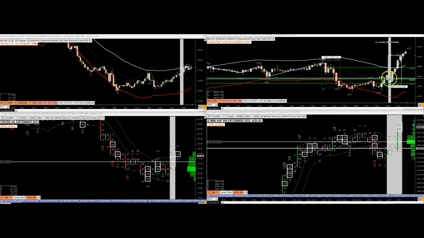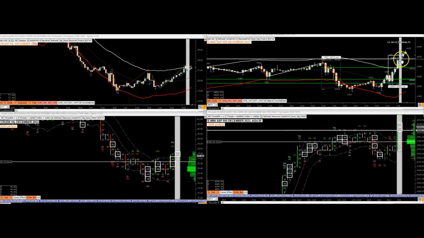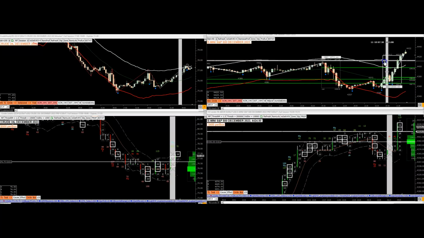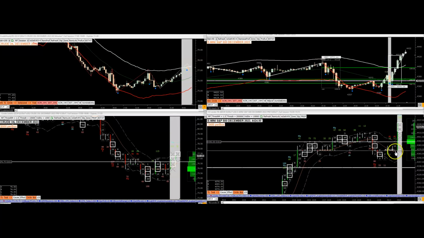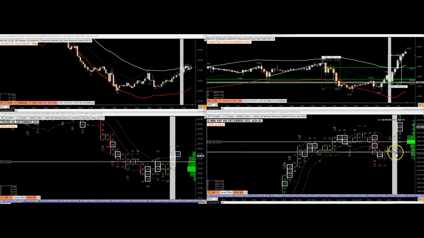All the way down here. You can bring it back from the front or here. And then confirm with the accumulation print to see where that print is.